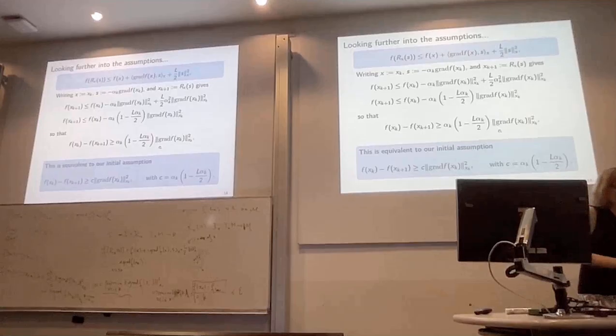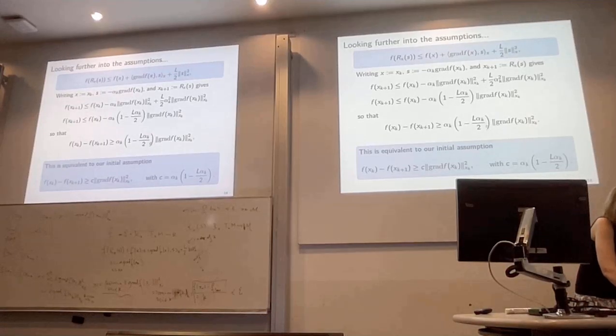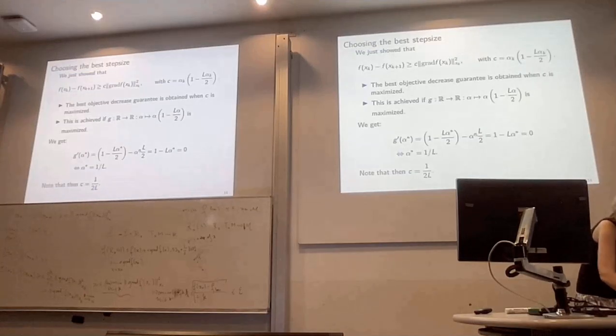Now, this is only really meaningful if I need C to be positive, right? If this is positive, alpha has to be sufficiently small. And also I can think of what is the best alpha to use in here such that the constant C is as good as possible. So for that, I can maximize this simple function in alpha to find the best value of alpha.